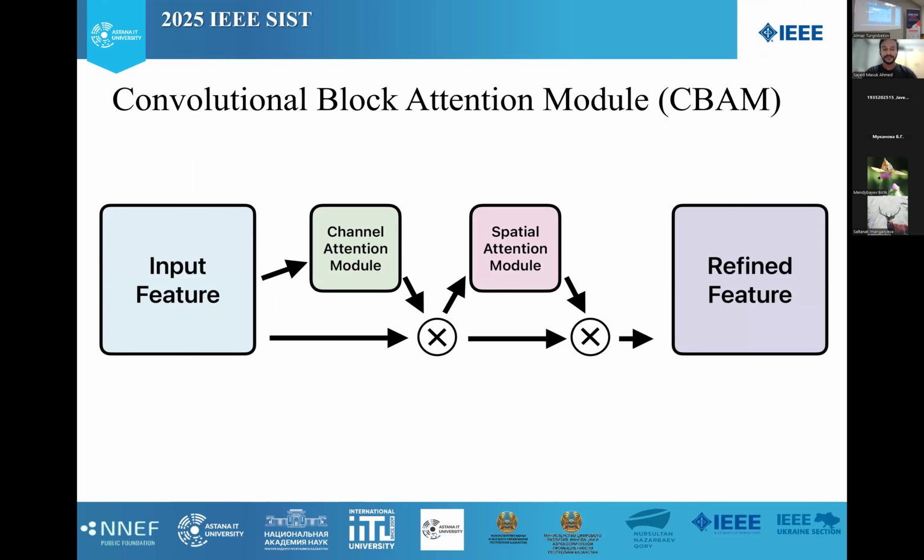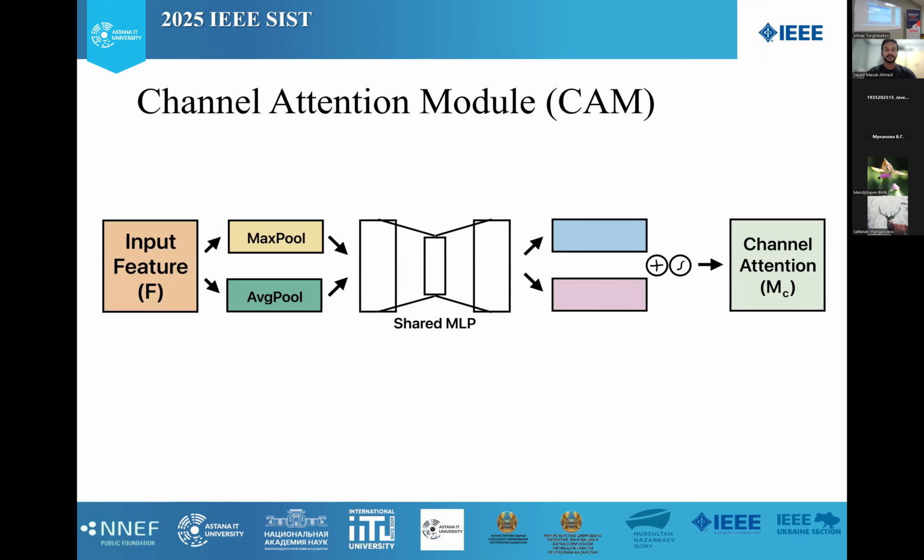And here's the CBAM part. Here you can see we are first inputting the features into CBAM. And then there are two parts, a channel attention module and a spatial attention module. And the last one, we are getting the refined features. So I'm just giving a short review of CAM and SAM.